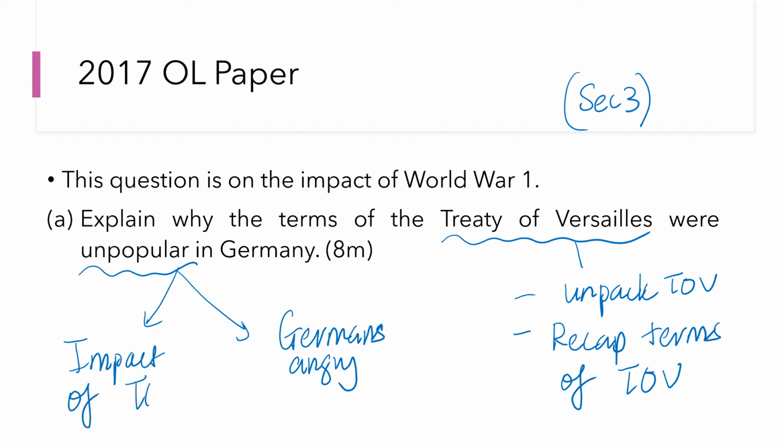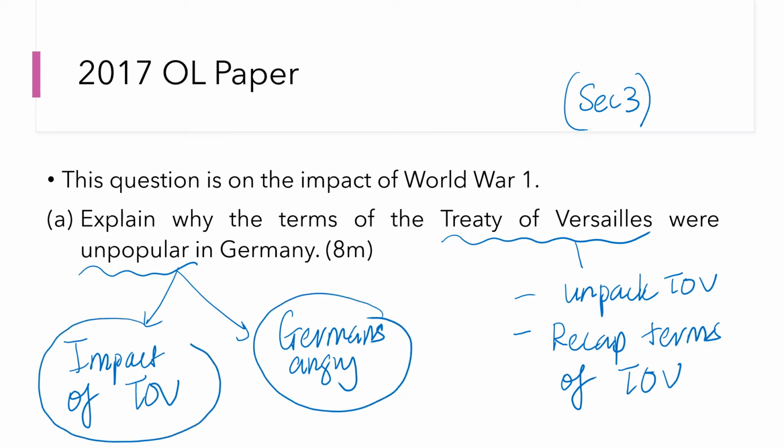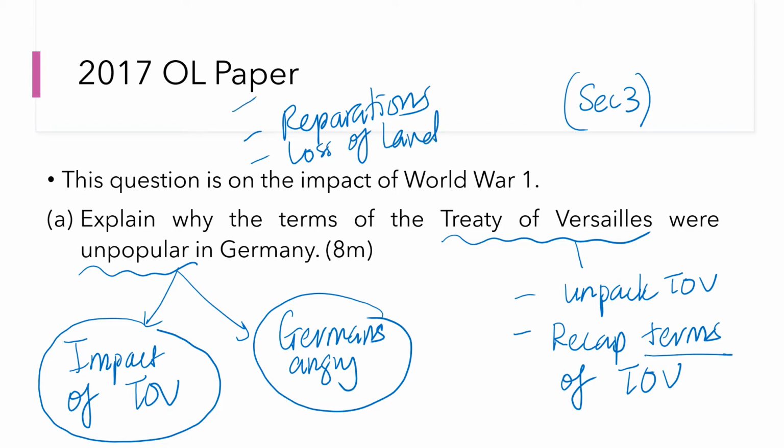So you have to take note of what is key in addressing these 2 main things that were unpopular about the Treaty of Versailles, and then you link it back to what the terms were. Now, what if you forget about the terms? Then you must remember some things, like reparations, for example, would be very easy, loss of land, as well as humiliation.